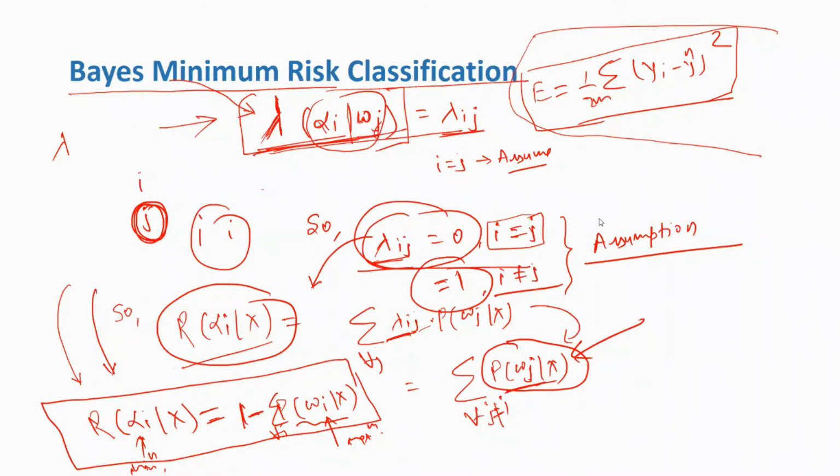Now, since we have two things here, Bayes minimum risk classification and Bayes minimum error classification, what we will try to do now is discover some function gi(x), which will decide whether an input feature x will belong to class omega i or class omega j.